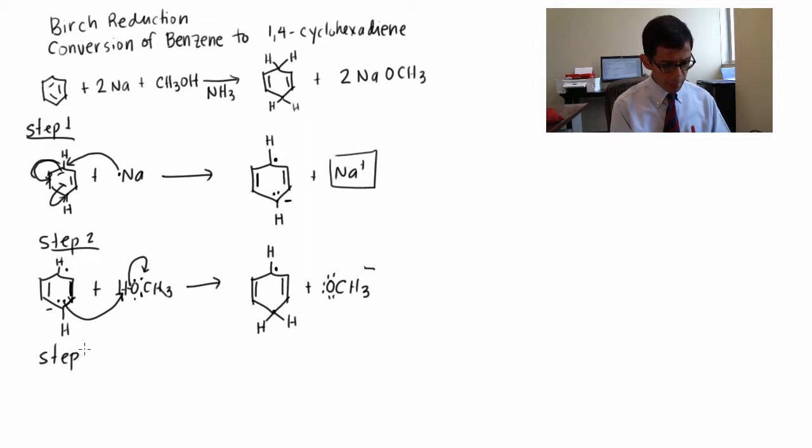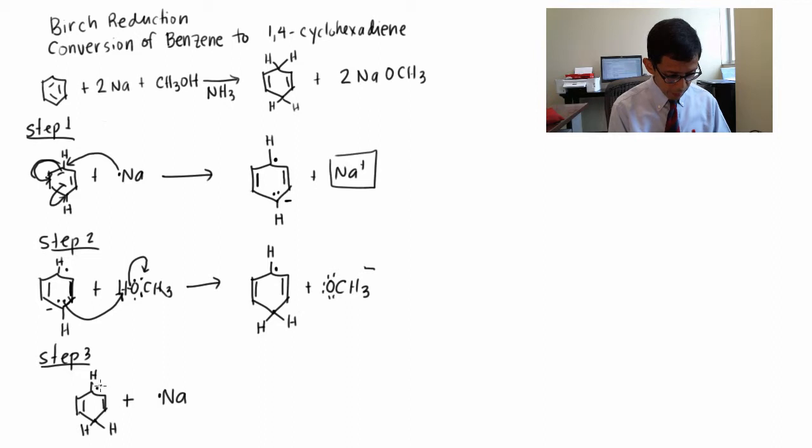Okay, step 3. So the starting material in step 3 is the product in step 2. H, electron, 2 H's. Okay, so in step 3, that radical reacts with a second sodium atom. So what happens is that electron gets with that electron.